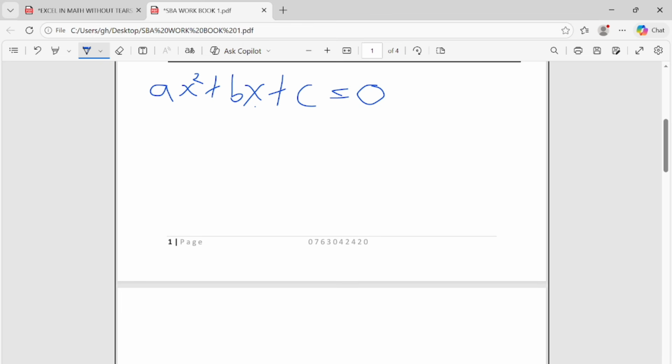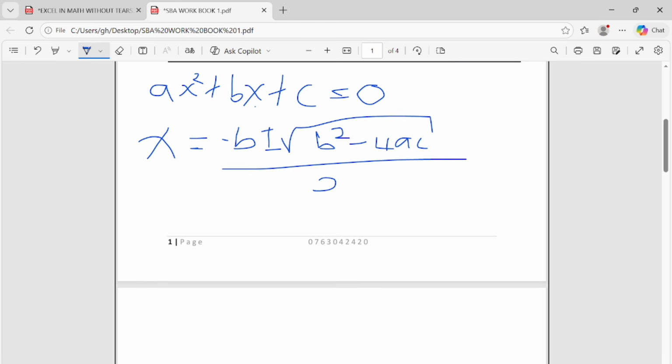Now we are saying that we can solve this using the bulldozer method, and if we are solving for x, it will be x equals negative b plus or minus square root of b squared minus 4ac, divided by 2a. This is our bulldozer method that we always use.